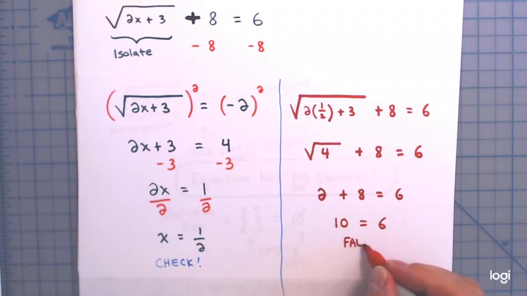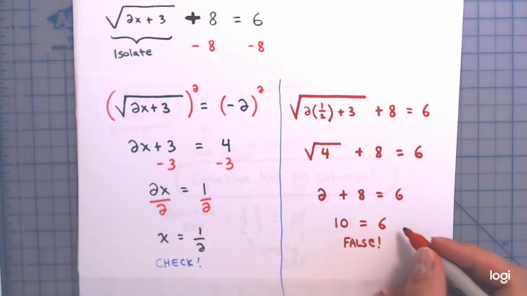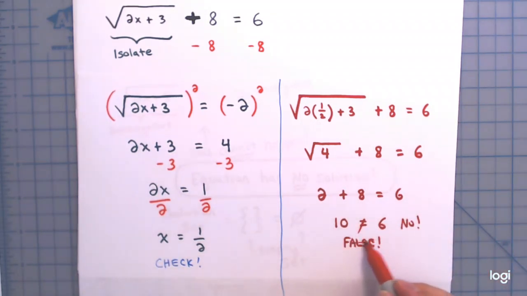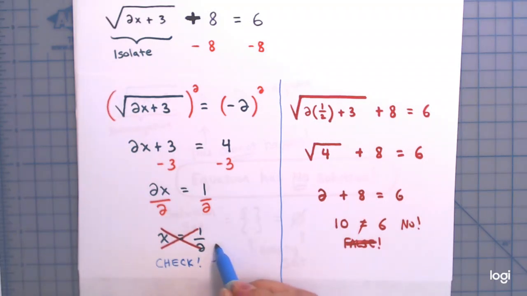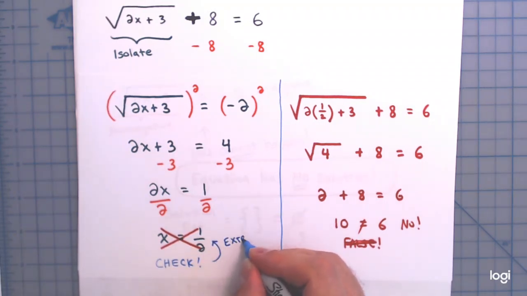This is a false statement. So no, this is not a solution. I put a big X through it. And what I mentioned earlier, this 1/2 would be called an extraneous solution.